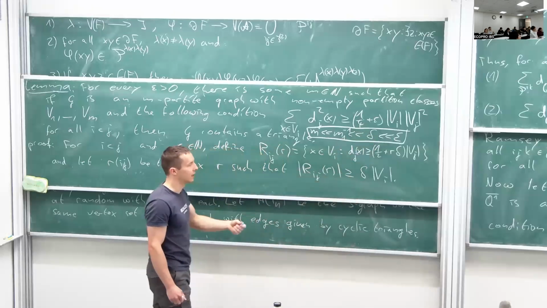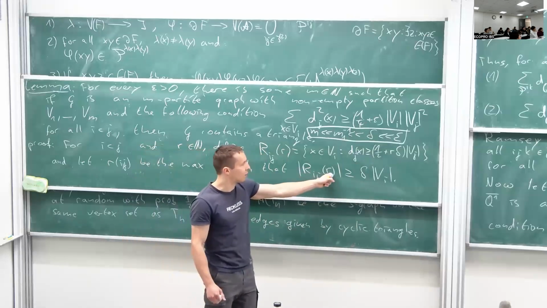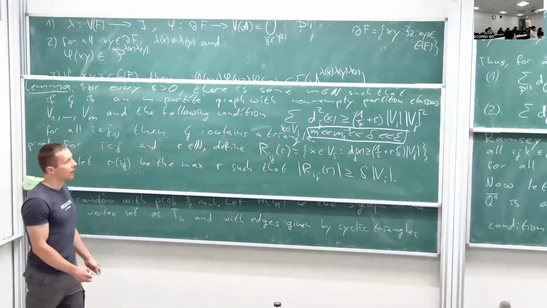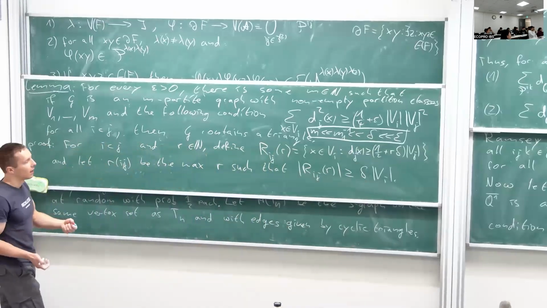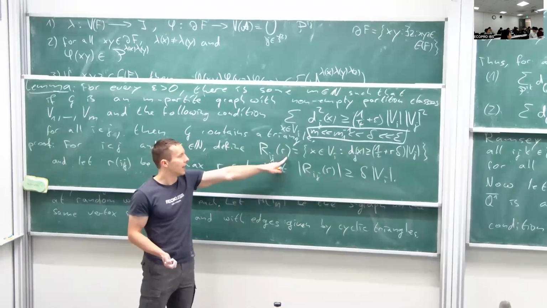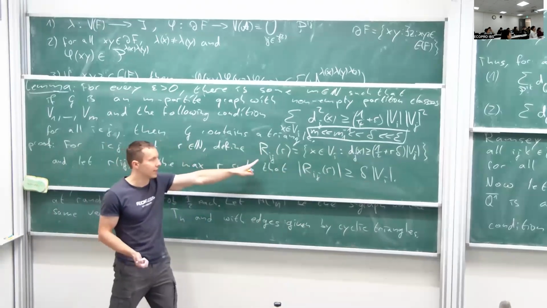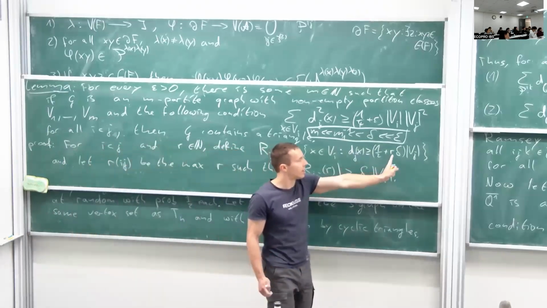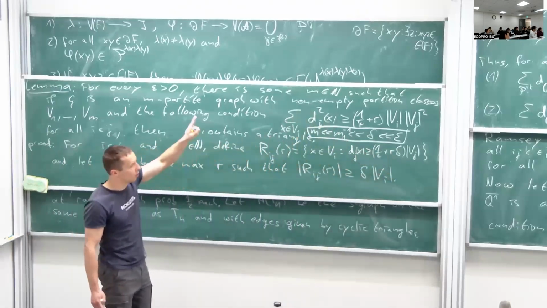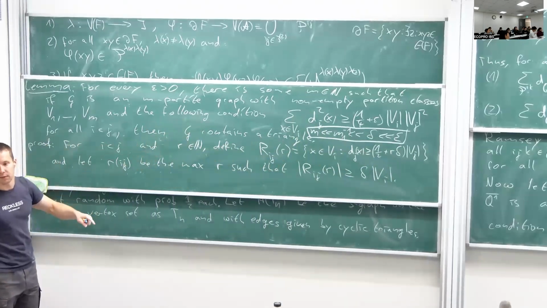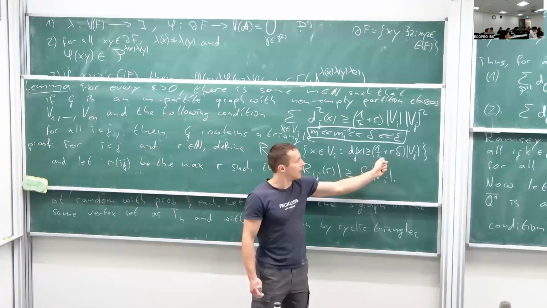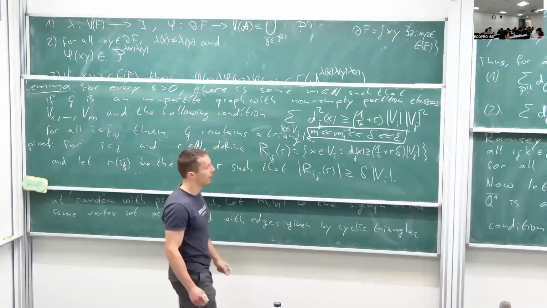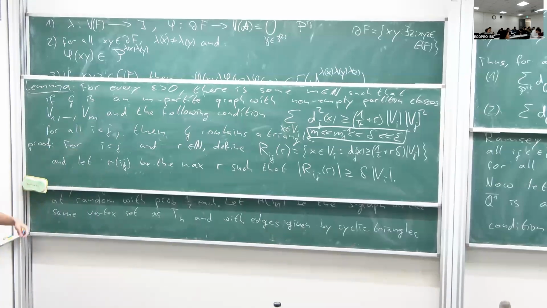So that tells us that this first set for r equals 1 must be at least of size delta. And then note that the sizes of these sets for increasing r are decreasing, and definitely they are empty once r reaches something like 1/2 delta, because for larger than 1/2 delta, this thing is larger than 1. Okay, so we can pick this maximum r.